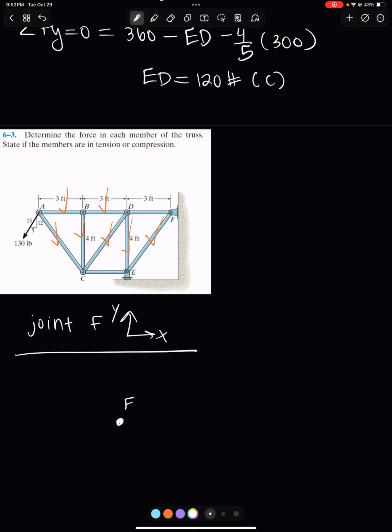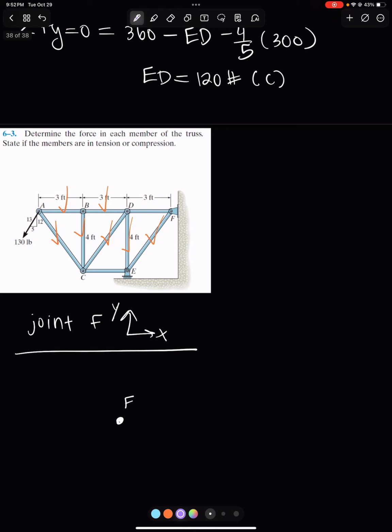Alright. So at joint F, remember we have the support reactions. And we found them to be 50 pounds in the positive x direction and 240 pounds in the negative y direction.